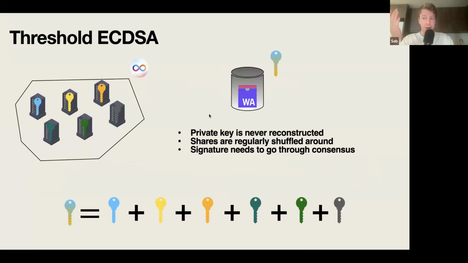Threshold ECDSA is exactly the same type of algorithm. The only difference is that there is not one private key, but there are multiple shares that are shuffled around all the nodes in the subnet. So the private key is never constructed. It's important to understand that the private key never lies in one place at any moment in time. The algorithm that creates a signature does it by aggregating the shares.